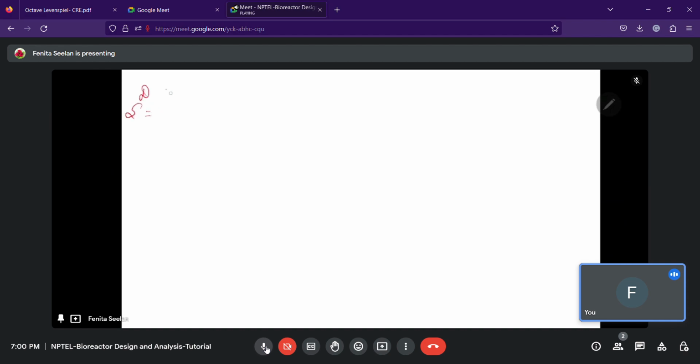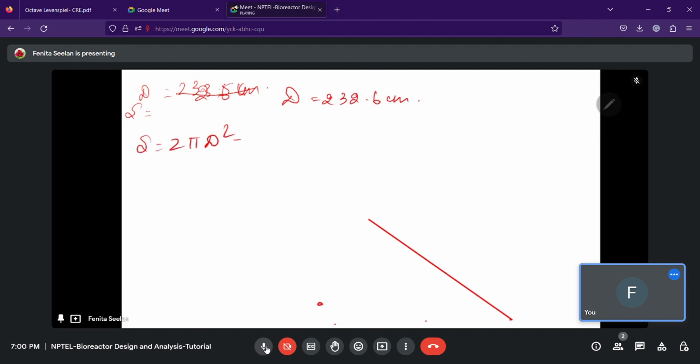Your D was around 232.6, right, centimeter. So D is around 232.6 centimeter. You will also repeat it by D square. 2 into 3.14 into 232.6 the whole square.